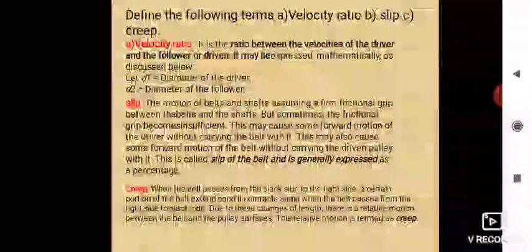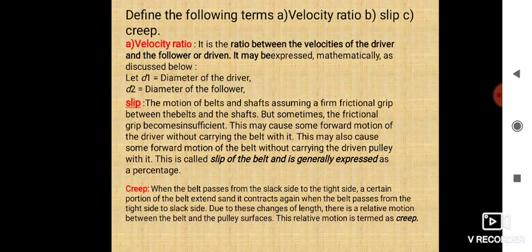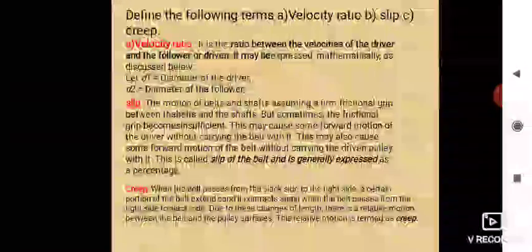Next definition, slip. The motion of the belt and the shaft assumes a firm frictional grip between the belt and the shafts. But sometimes the frictional grip becomes insufficient because of some other effects.